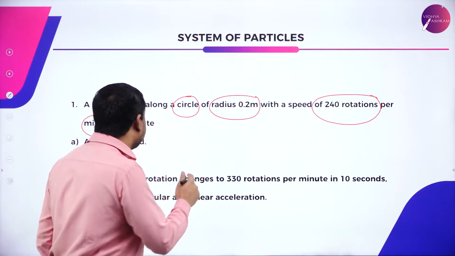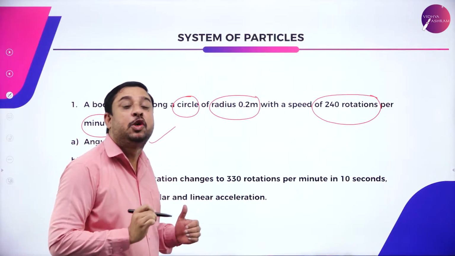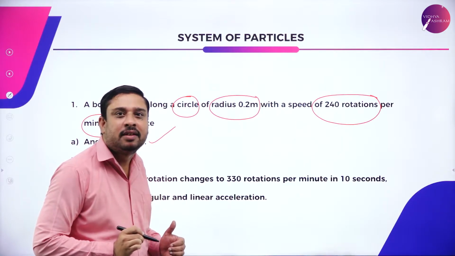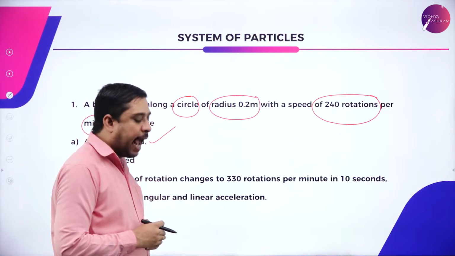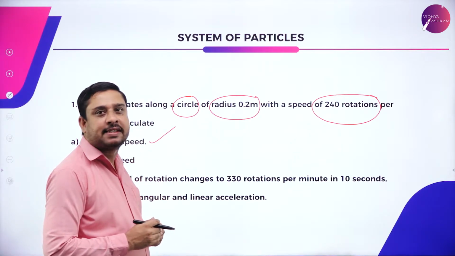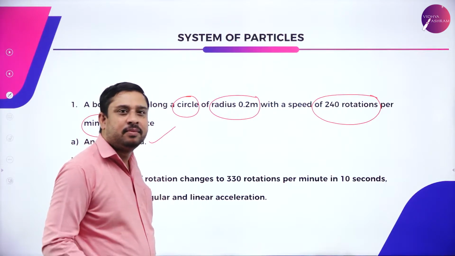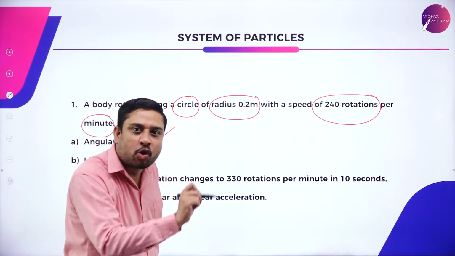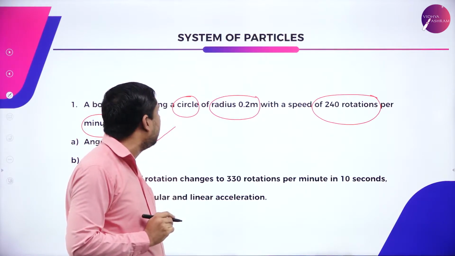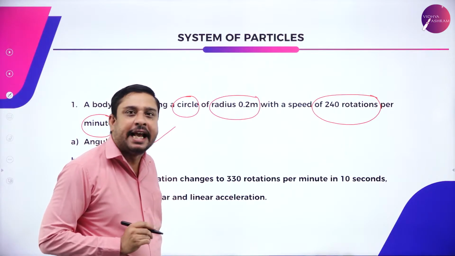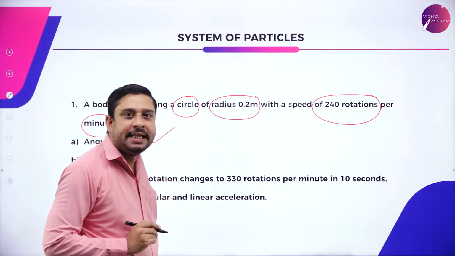So first, I will calculate the angular speed, or what is also called angular velocity. There is a body which is rotating along a circle of radius 0.2 meter.